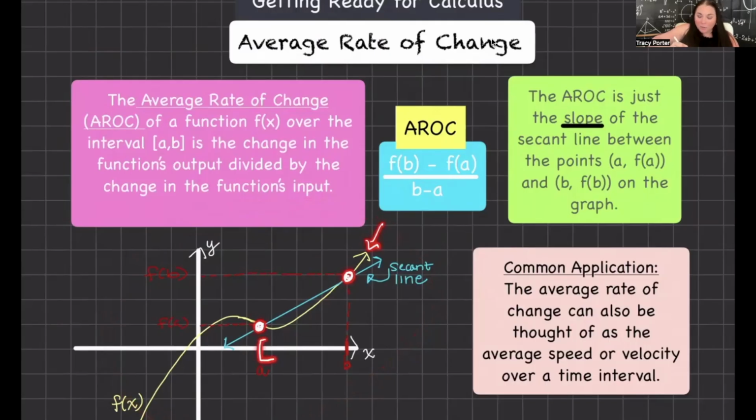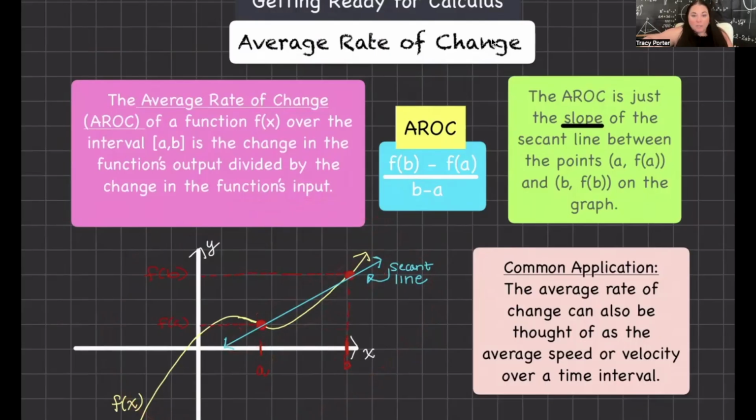So that's your interval from a to b. And if you look at the blue line, that is your secant line. So what we're really doing is finding the change in y over change in x, or the change in output over the change in input, which is just the slope of the secant line.